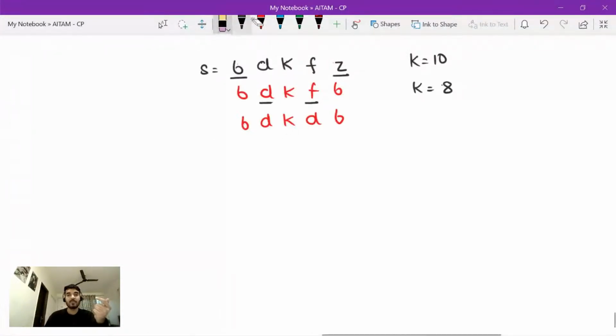And now I am left with 7 operations. So how will I use these 7 operations? First I will try to reduce every character to A, because A is the smallest alphabet that we have. So I will perform one operation and reduce this to A, A. Now my operations have reduced by 2, so now it is equal to 5. And this is D and D, and this is K.